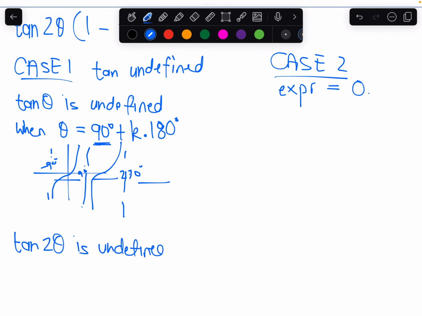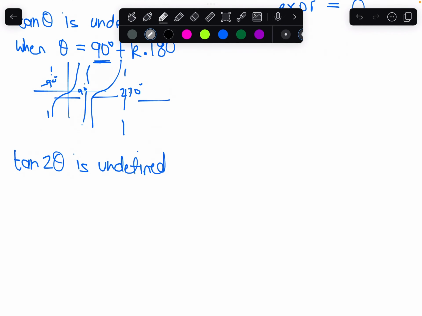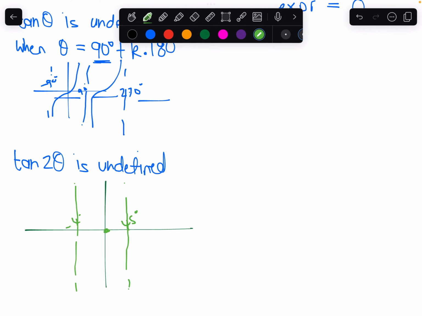So the 2 is going to compress the graph, right? So instead of having a period of 180, it's going to have a period of 90. So our 0 point will still be the same, but now our asymptotes will occur at 45 and minus 45, right? And then this asymptote will occur at 135 degrees, right?